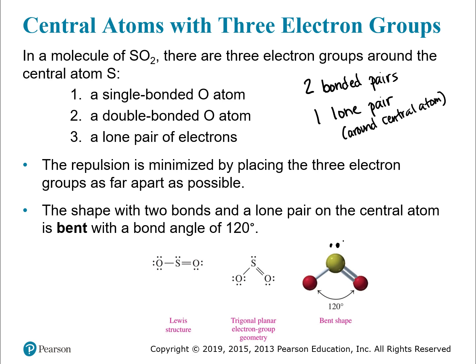It's just hanging out up there. So know the difference. There's still 3 electron groups, but one of them is a lone pair. And that's the difference between having a bent shape, like in this case, and the trigonal planar in the other case where you had 3 electron groups that were 3 bonded pairs.